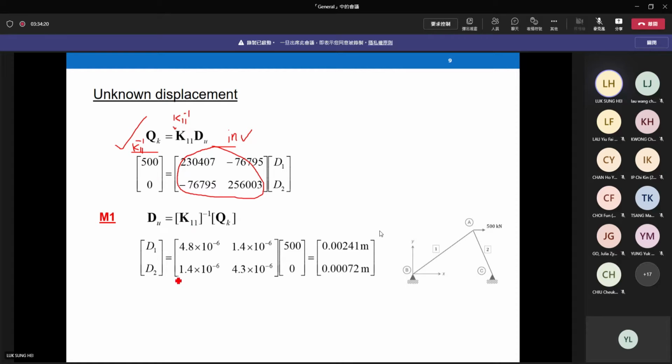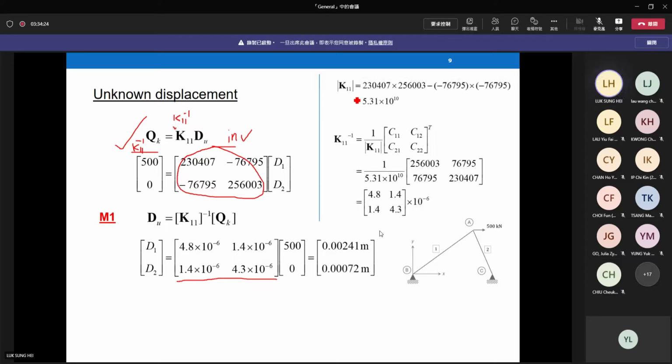This is the matrix inverse. I put a review on the top right-hand corner. If you want to find the inverse of a matrix, you need to first evaluate the determinant of the given matrix. And then you can construct the inverse matrix using 1 over the determinant times the so-called adjugate matrix.